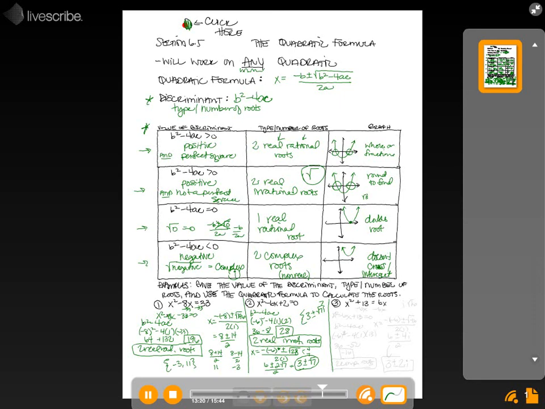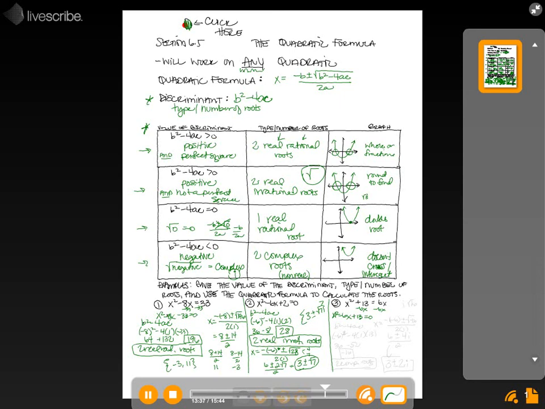Last thing here, example 3. We need to figure out what the b is, and b is not on the side with everything else, so we're going to subtract 6x from both sides. So we get x squared minus 6x plus 13 equals 0.